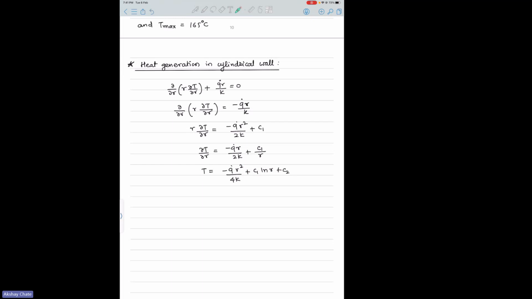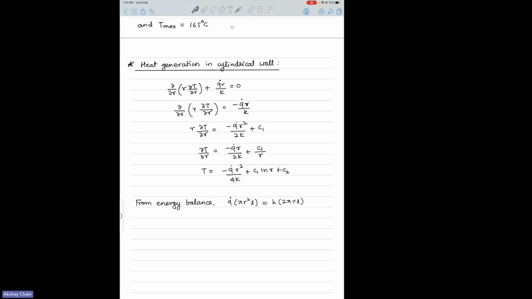And here also, from energy balance, Q dot, which is the heat generated, into pi r square L, that is the volume, is the total heat generated per unit time, and it will be conducted to the environment.